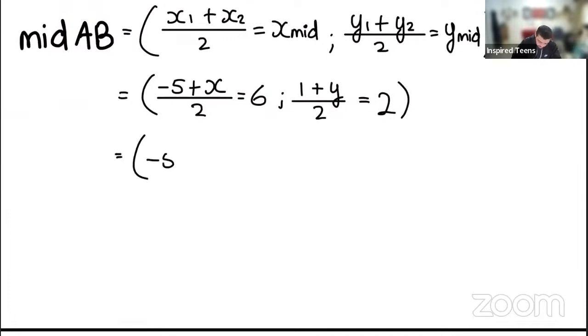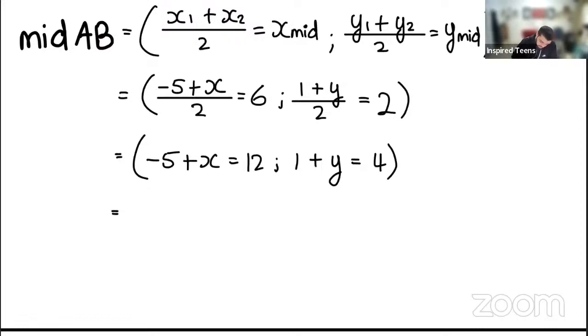So I can take the 2 over as multiplication. Negative 5 plus x is equal to 12. Multiply those two together. And then 1 plus y is equal to 4. Then I can solve it.